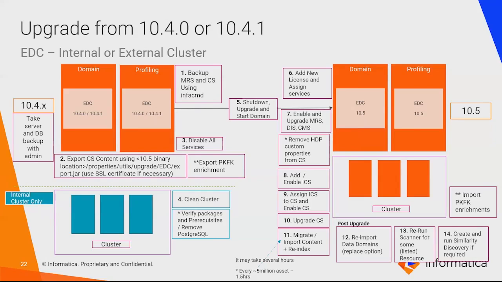The second step will be an export of your catalog service content using a new 10.5 binary. That second backup will actually be used to restore your 10.4 content into 10.5 environments. So that is more like the migration backup from 10.4 to 10.5.